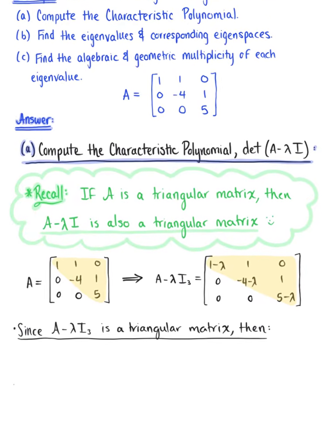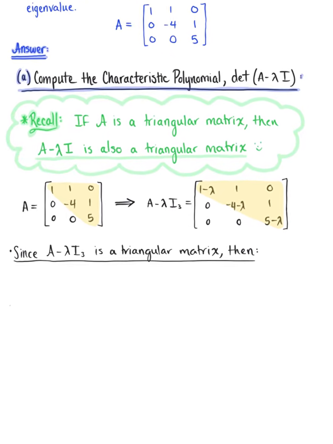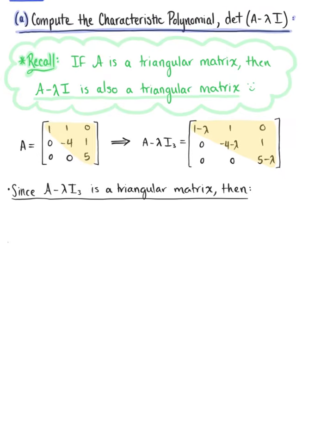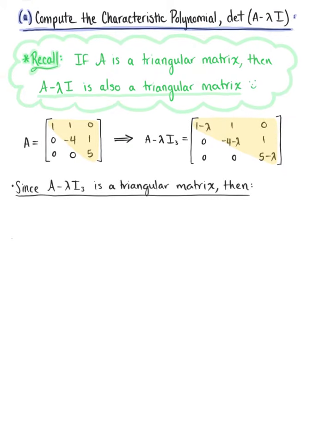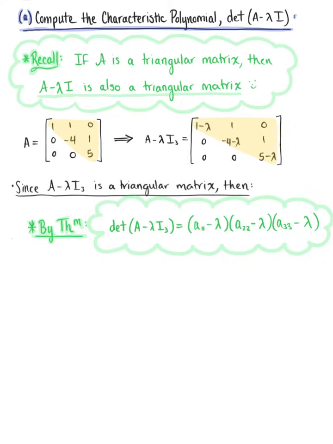Now, since matrix A minus lambda times the identity matrix is a triangular matrix, then we know from our triangular matrix theorem that the determinant of A minus lambda times the identity is equal to the product of the entries along the main diagonal.